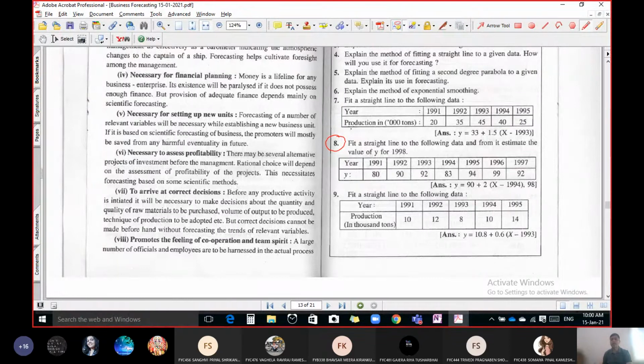That something may be profit, maybe production, maybe population, maybe sales, anything. So we have a data for 7 years for any one variable, let us say y. And now we have to predict for 1998. And here it is clearly given that use the straight line. So see how to solve this question.